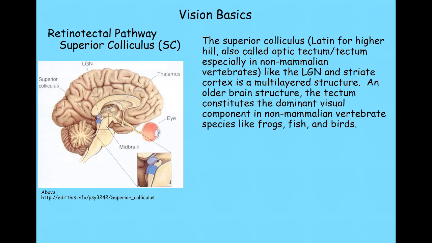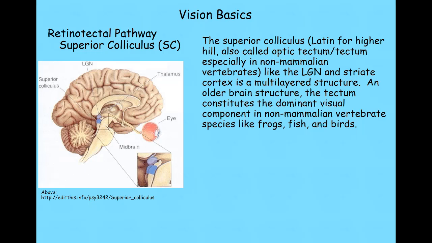Now, the superior colliculus is Latin for higher hill. It's also called the optic tectum or the tectum, and especially so in non-mammalian vertebrates. Like the lateral geniculate nucleus and the striate cortex, it's a multi-layered structure and an older brain structure.